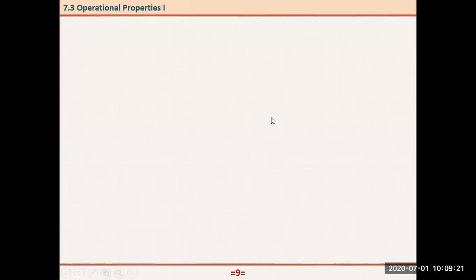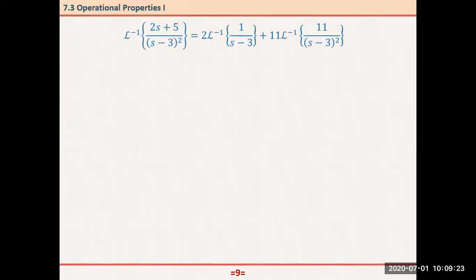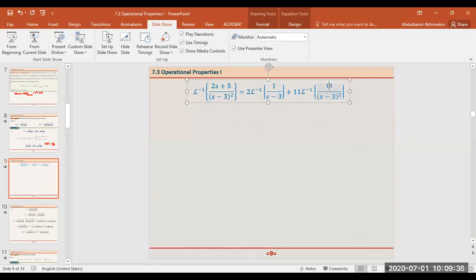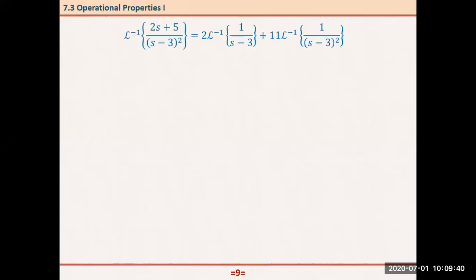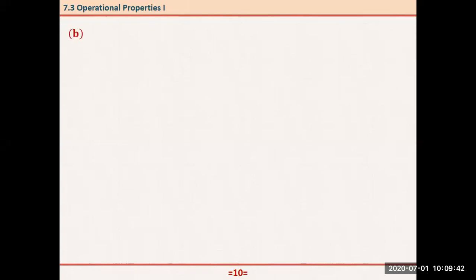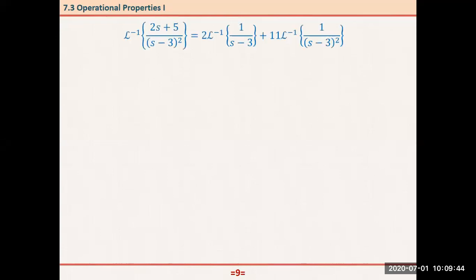Okay. So here, if I just take this 2 out, here we have 1 over s minus 3. 11 is also a constant. Here we have 1 over s minus 3 squared. Right. So now what we have to do here is evaluate the inverse transform, right?